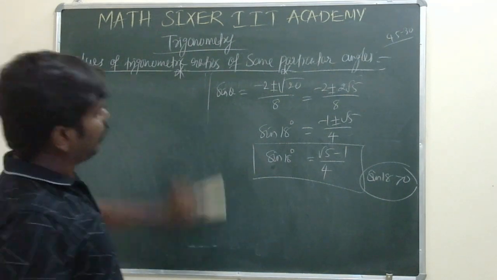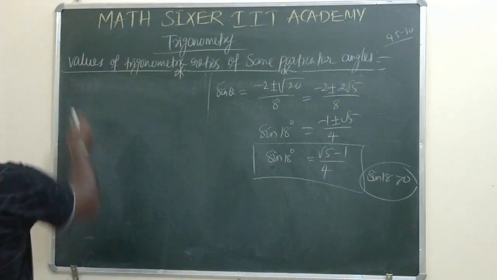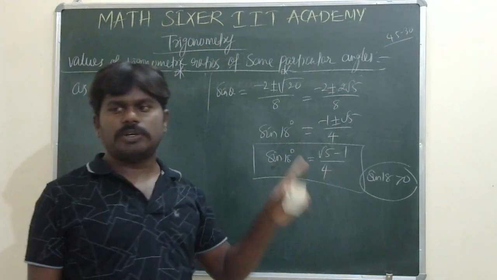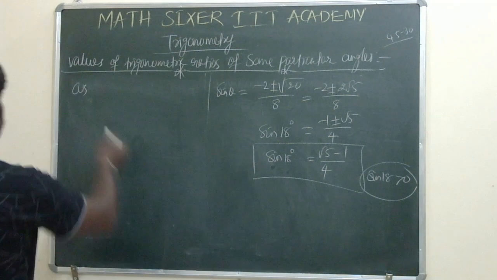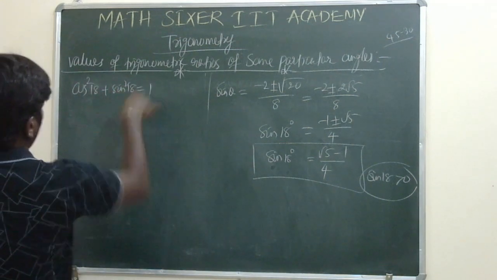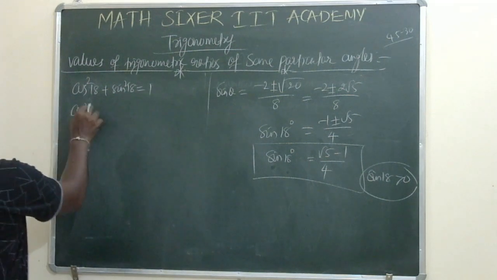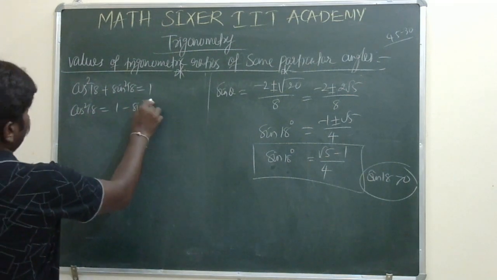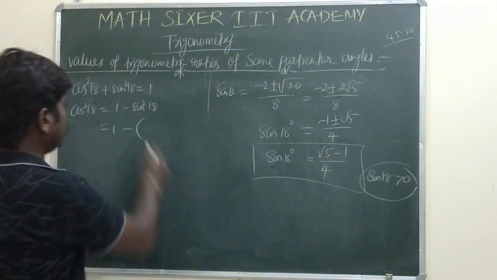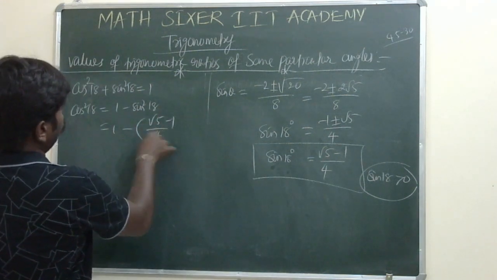Next, the cos 18 value you can also find out. So that is very simple. By using this and also by using the identity we can find it. So cos square 18 plus sin square 18 is equal to 1. So here cos square 18 is equal to 1 minus sin square 18. So 1 minus sin square 18 means 1 minus root 5 minus 1 by 4 whole square.